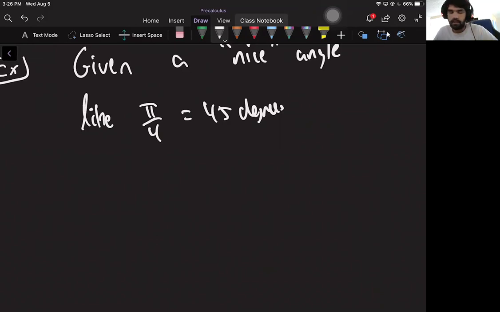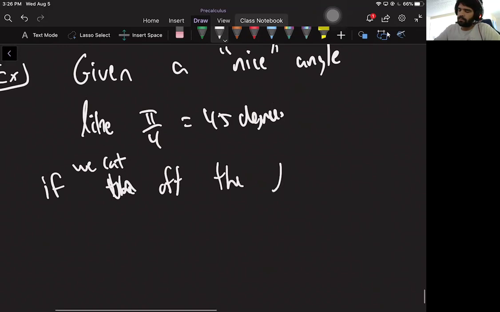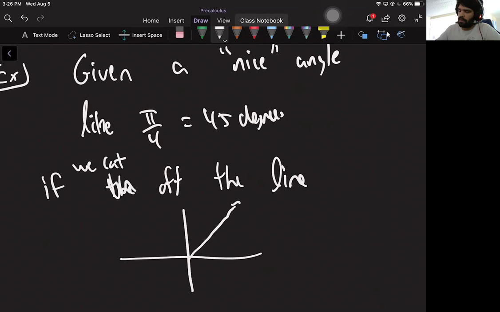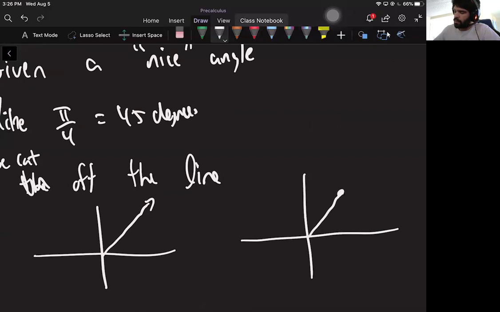So given a nice angle like this, if we cut off the line, so instead of just drawing an infinite line like that, we cut off the line and say, okay, just stop right there.